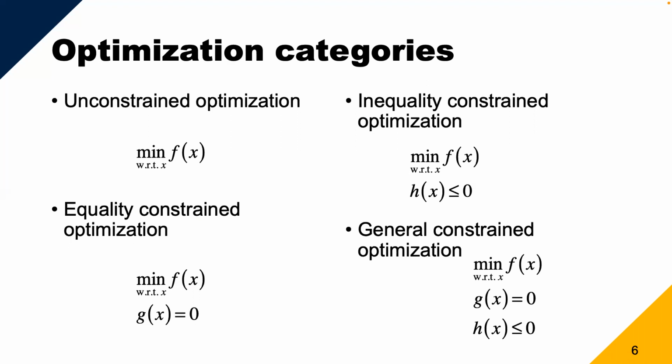And again, in the standard form, everything gets set equal to 0, so you have to move everything to one side of the equation. In an inequality constraint optimization, you might have less than or equal to, or greater than or equal to, but that's the same when you just flip them on each side. And then a general constrained optimization, which may have both an equality and an inequality constraint.